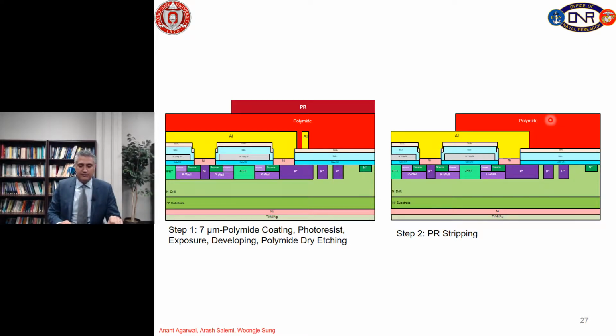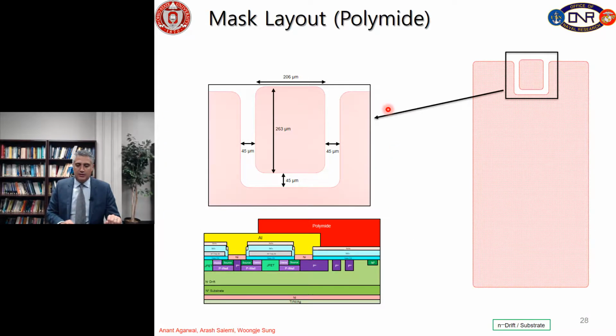Then by utilizing photoresist lithography, exposing, developing, we can use this photoresist as a mask in order to do dry etching of polyimide. And here is the sample after dry etching, and then we can easily remove the photoresist by stripping with oxygen plus more acetone.